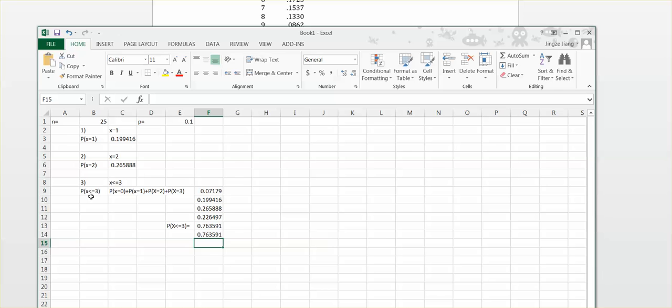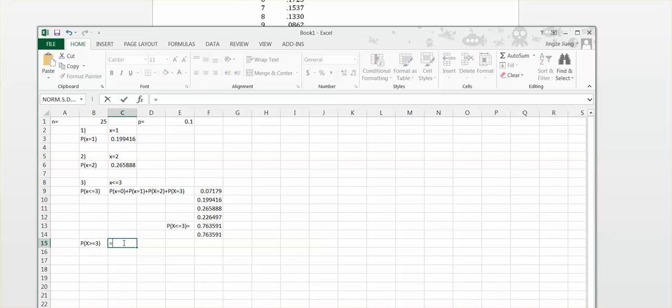In this case, we are looking for x smaller than or equal to 3, so the upper boundary for x is 3. However, if we are asking for x larger than or equal to 3, we cannot use this approach.